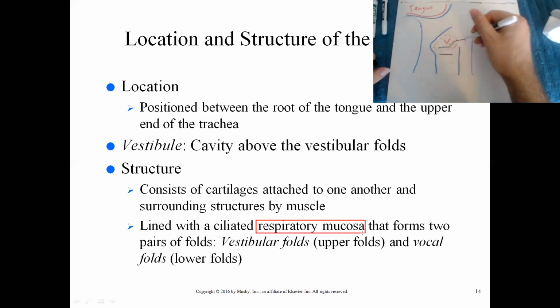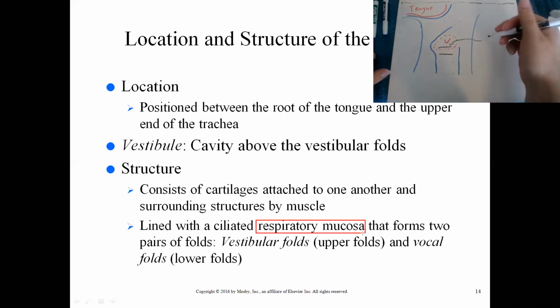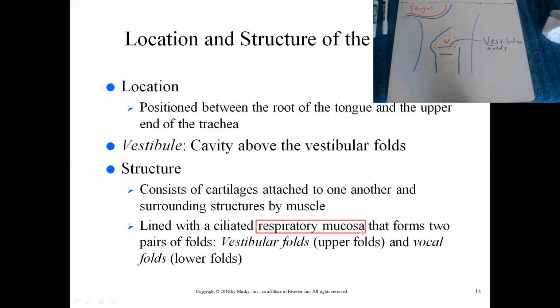The upper folds that are in the vestibule are named for the location. They are the vestibular folds. And the bottom folds outside the vestibule are the vocal folds.